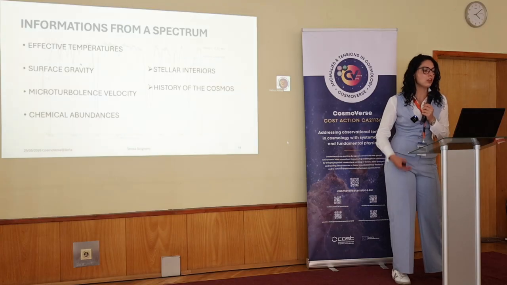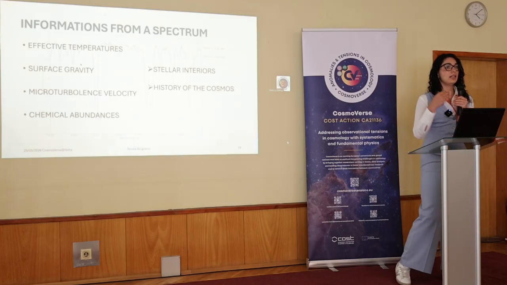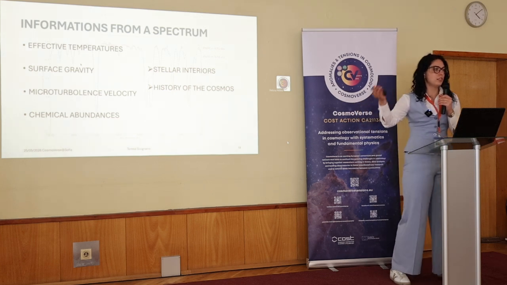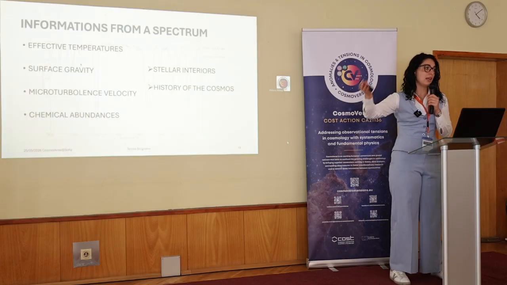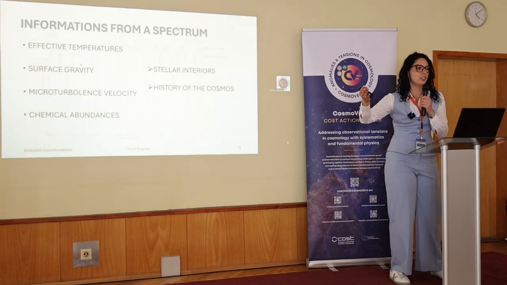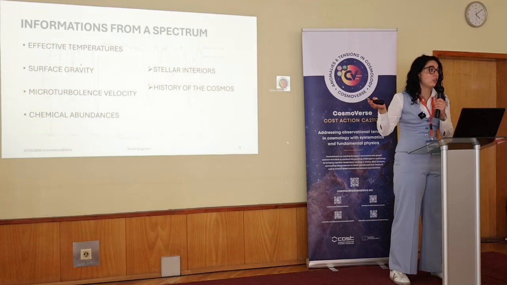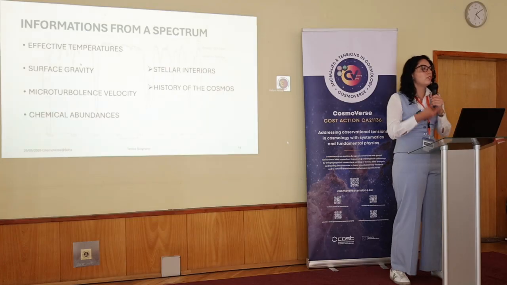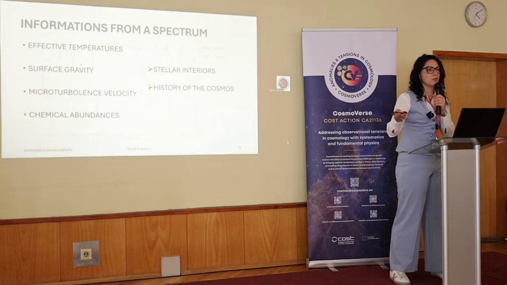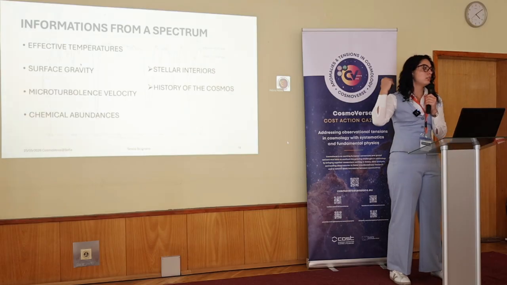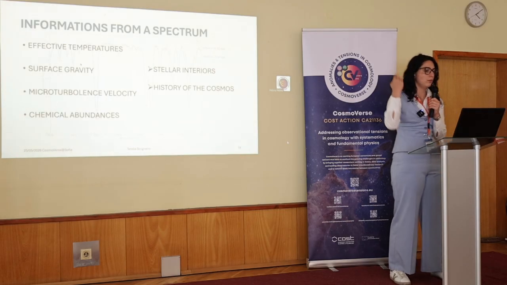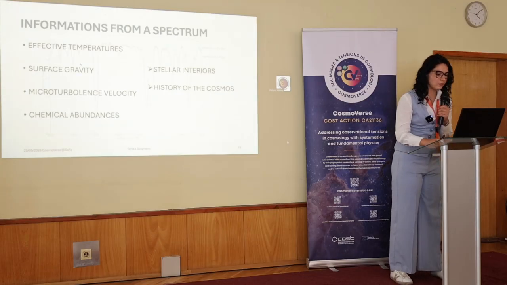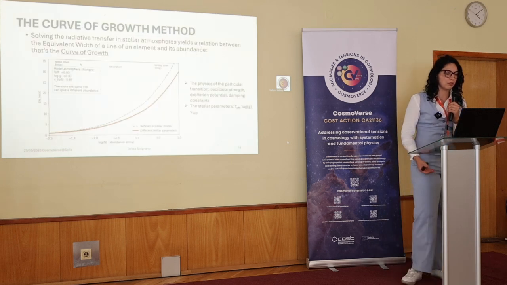Once we link these stellar parameters and spectral parameters with other information that we know for the star, for instance the parallax, the proper motion, the position in the HR diagram, we can have a lot of information on the stellar physics, on the stellar interiors, and also on the history of the cosmos, because if I'm looking at the atmosphere of an old star, I know what was happening when the star was born at that point. But now, let's see what's the physics behind the curve of growth.